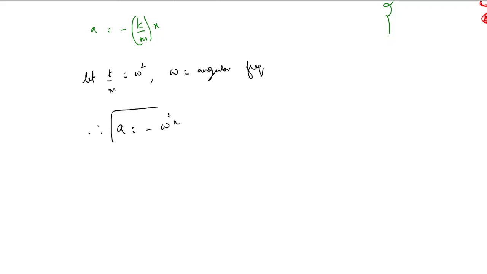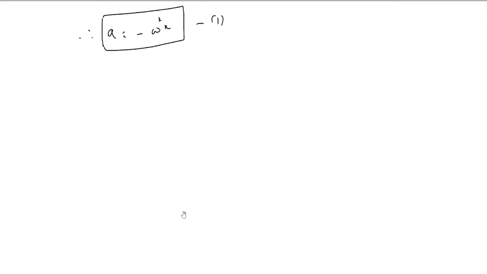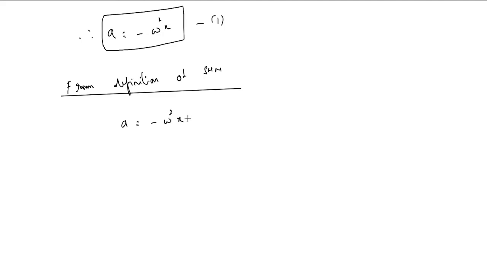This is what we get. We'll call it 1. But from the definition of simple harmonic motion, by definition, a is equal to minus omega square into x or y, any one parameter.